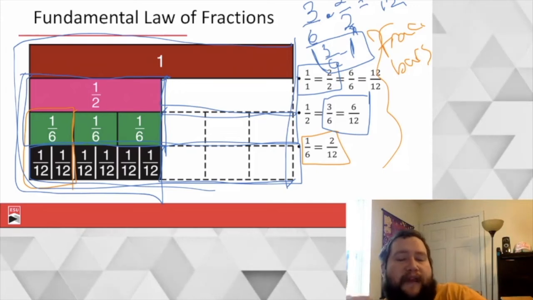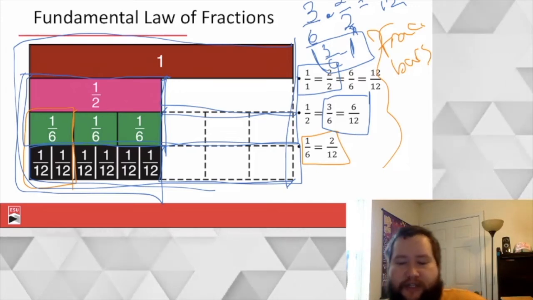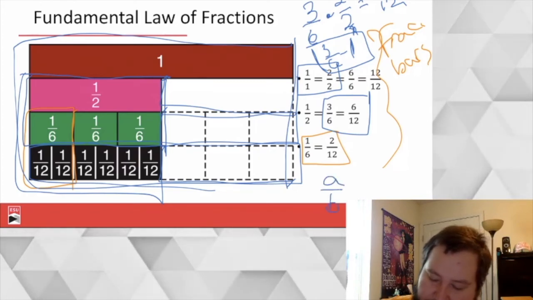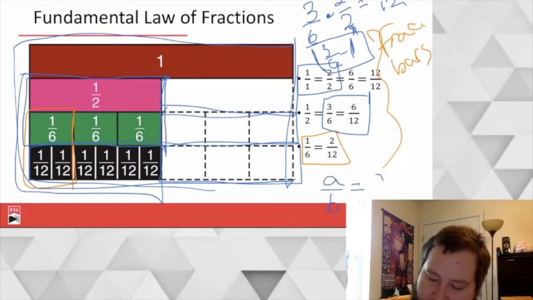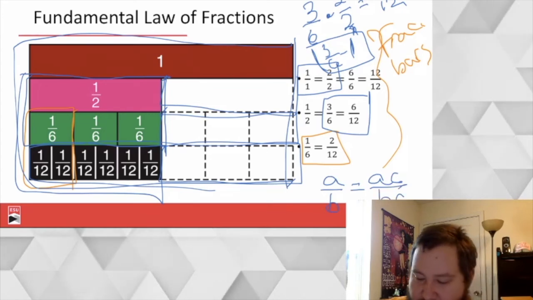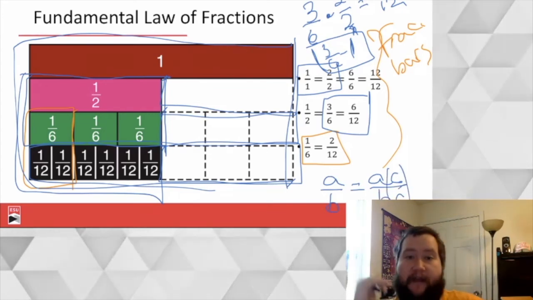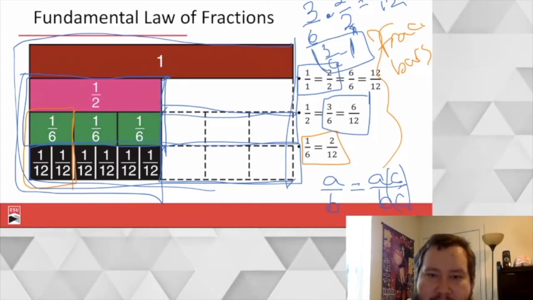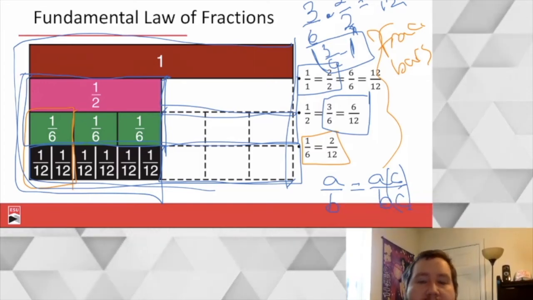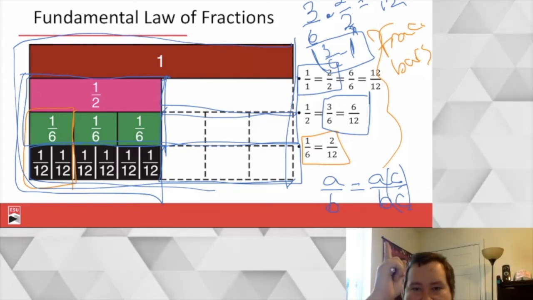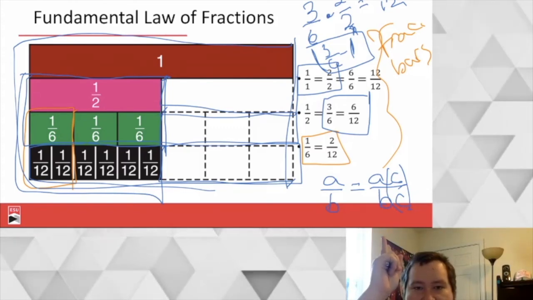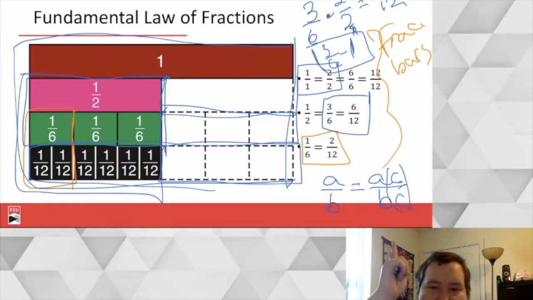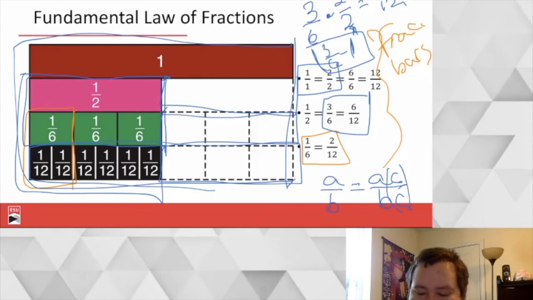So we can motivate why the fundamental law of fractions, which is A over B equals AC over BC, right? So as long as we multiply by that same thing, we don't change the value. You can't see that below my head. Let me see if I can. So now right above me, it's like the Brady Bunch: A over B equals A over B times C over C, which is AC over BC.